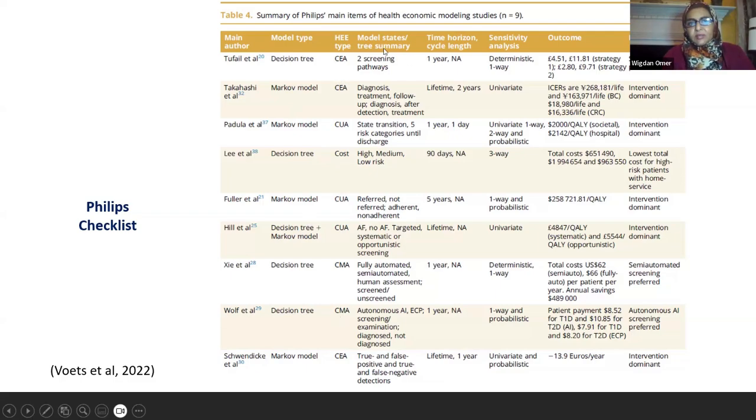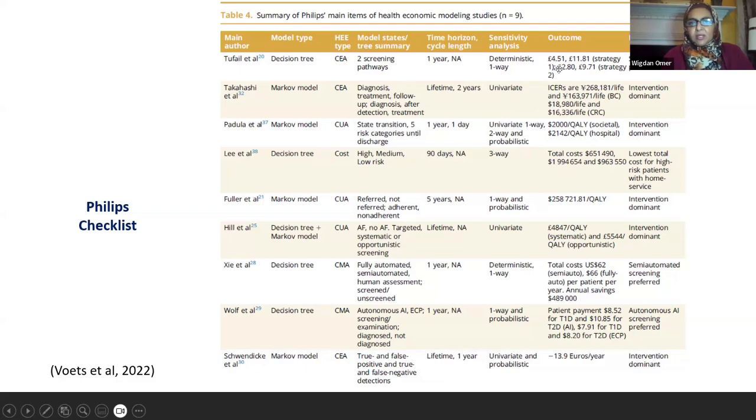Here is just explaining what the model was about or included, and then the time horizon. And the sensitivity analysis, they mostly use univariate and probabilistic sensitivity analysis. And outcome, depending on the type of economic evaluation, is listed.